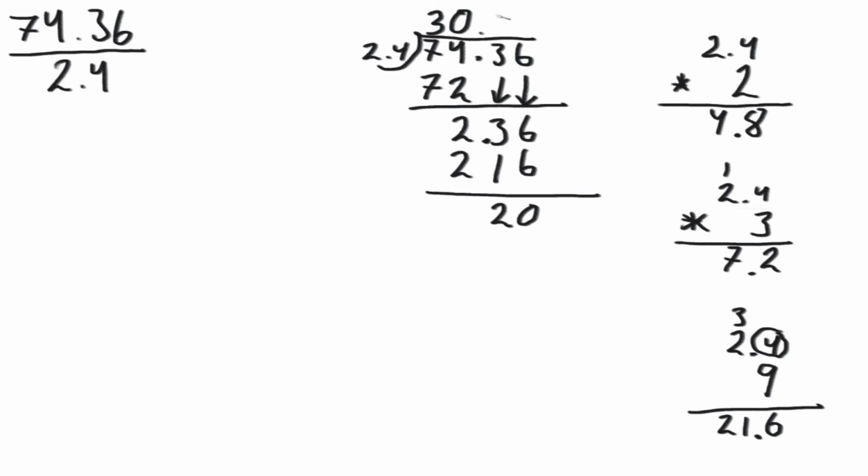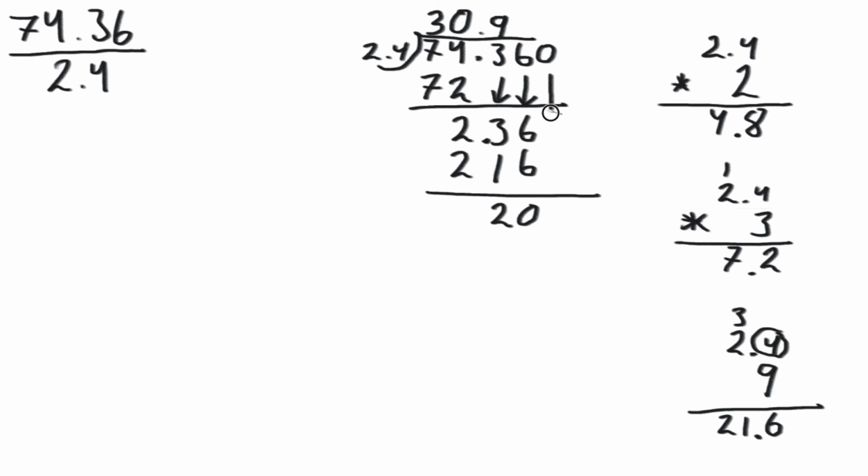So we have 30.9. Now if we want more precision, we move one more decimal down. So there's an imaginary decimal here, so 0. So 74.360 is the same as 74.36.